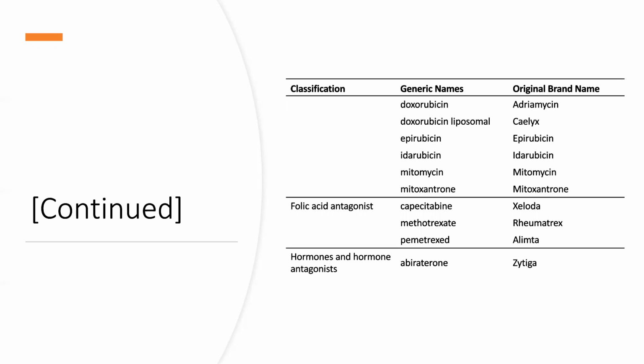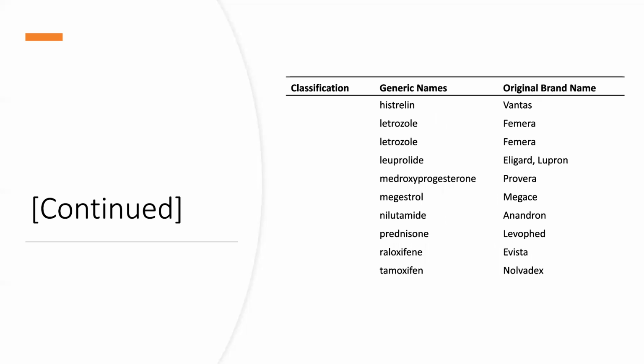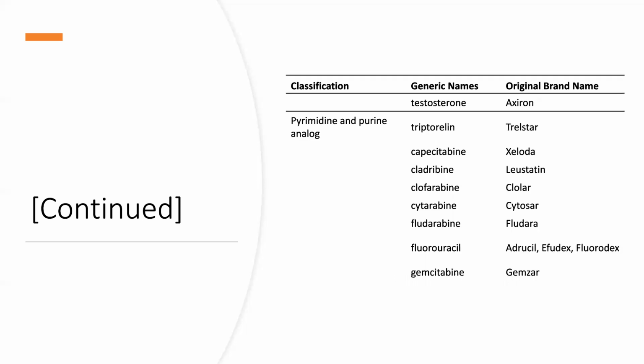Hormones and hormone antagonists are abiraterone, anastrozole, bicalutamide, degarelix, dexamethasone, enzalutamide, exemestane, ethinylestradiol, flutamide, fluoxymesterone, goserelin, histrelin, letrozole, leuprolide, medroxyprogesterone, megestrol, nilutamide, prednisone, raloxifene, tamoxifen.